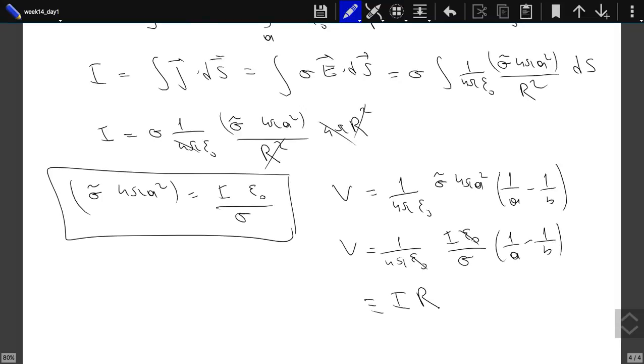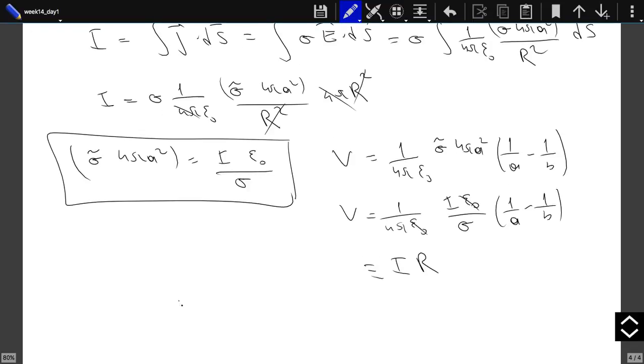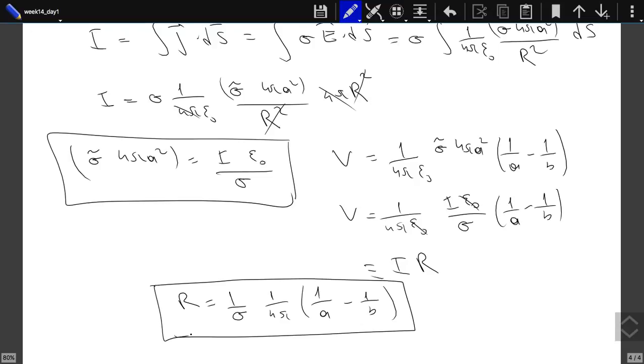If we identify this with I times R, the resistance of this system is just 1 over sigma. Well, as usual, it's proportional to the resistivity, or the inverse conductivity, multiplied by 1 over 4 pi times 1 over a minus 1 over b. So this is the resistance of my system. Again, whatever the shape of your conductor is, if you can identify the electric field, then you can identify the potential difference and you can calculate the total current running through the system. Just take the ratio, that gives you your resistance.